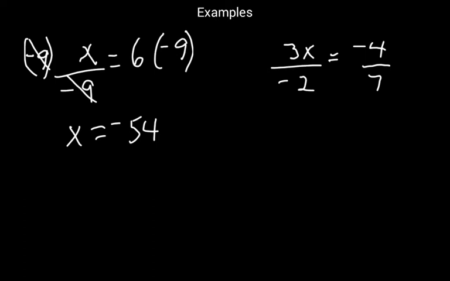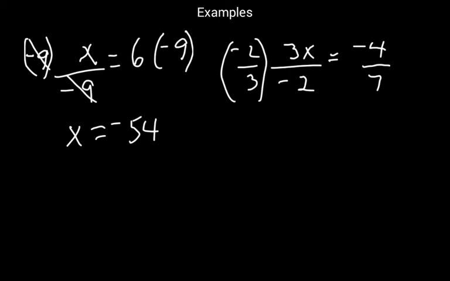Look at the second example. In the second example, we take x, multiply by 3, then divide by -2, which is the same as multiplying by 3 over -2. And we can take the multiplicative inverse of 3 over -2. Just flip them. It's -2 over 3. It's really easy.